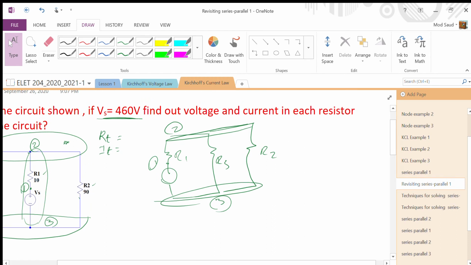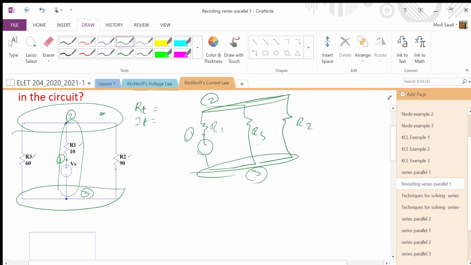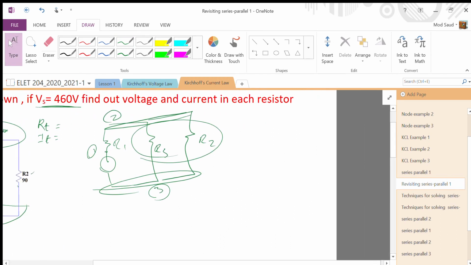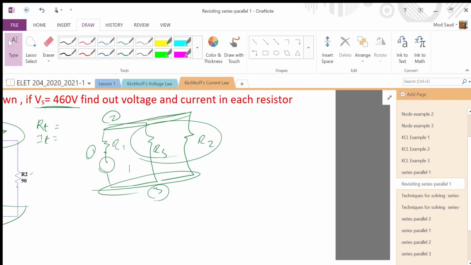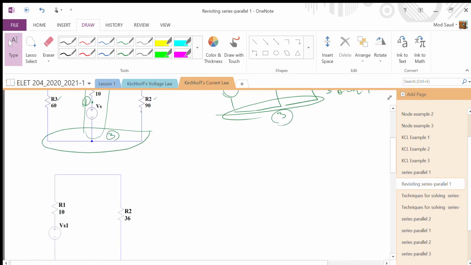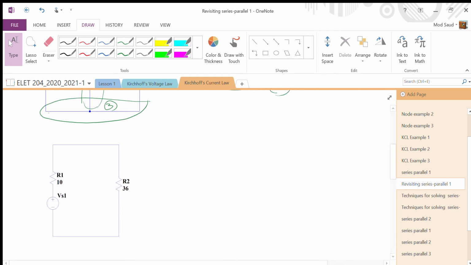Since these 2 resistors are in parallel, I will call this R equivalent 1, and I draw the circuit here.